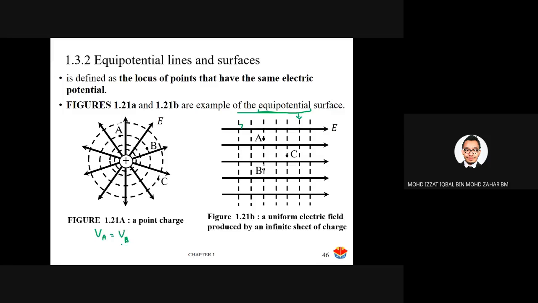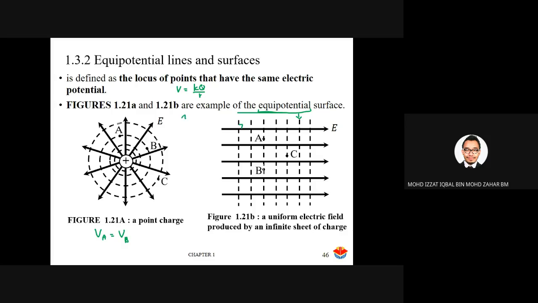Okay. So let's say I want to draw a graph for this one. Let's say I draw it here. If you still remember just now, the formula V is equal to KQ over R. Q is this charge.